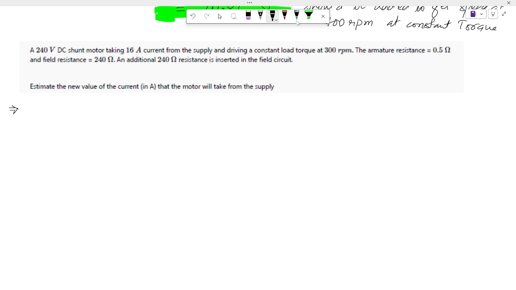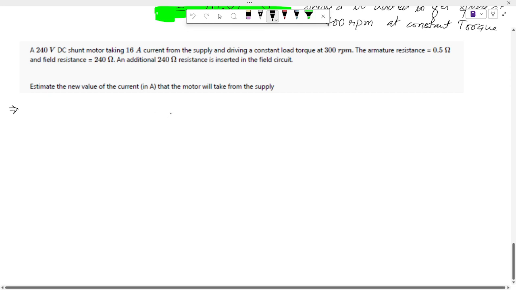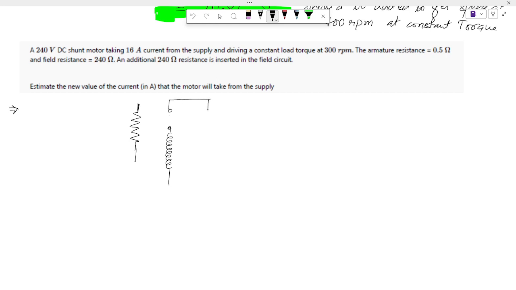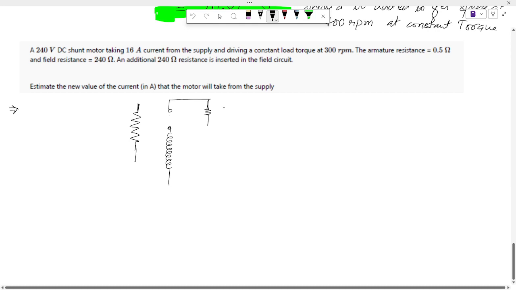So first draw the diagram. Armature resistance they have given as 0.5.